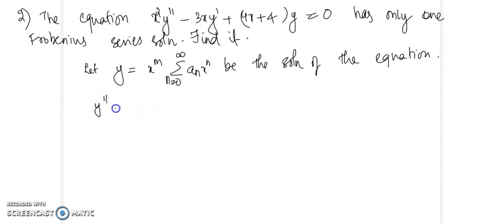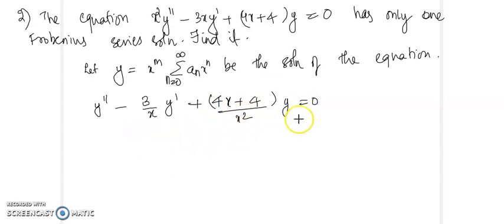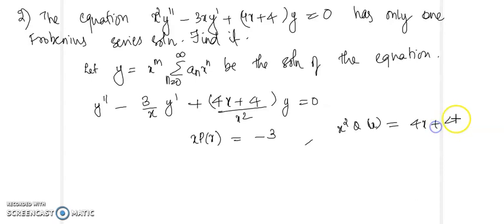Then we have y double dash minus 3 by x y dash plus 4x plus 4 by x square y equal to 0. So xp of x will be minus 3 and x square q of x will be equal to 4x plus 4.